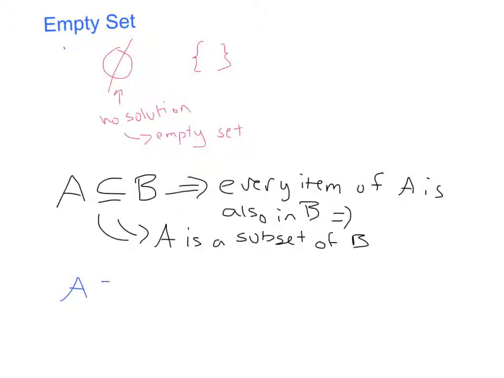Let's say A is equal to the subset of the values of 1 and 2, and let's say B is going to be the subset of 0, 1, 2, and 3. In this case, every element of A is also an element of B.